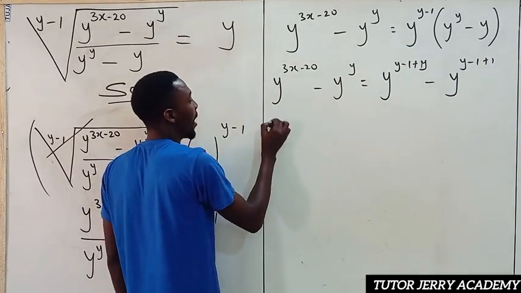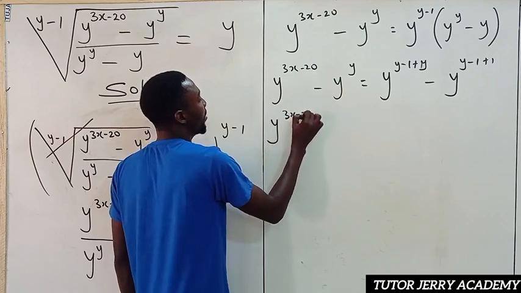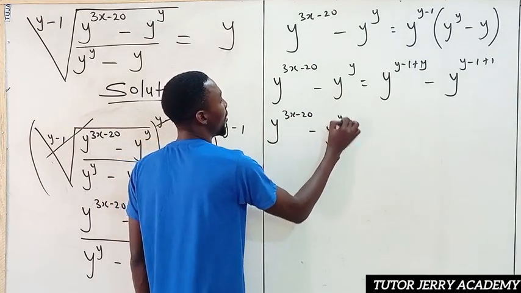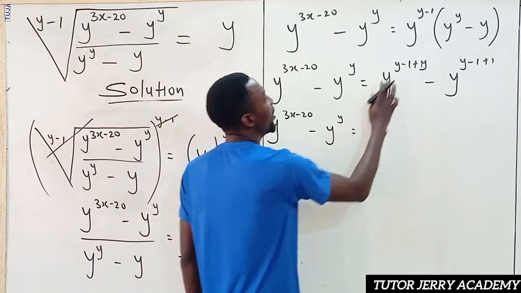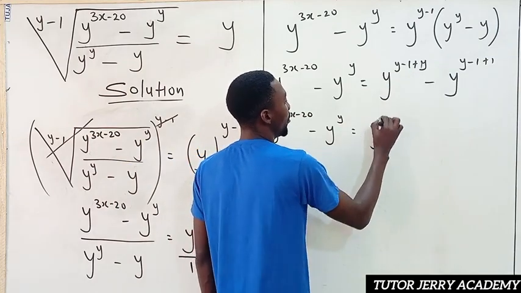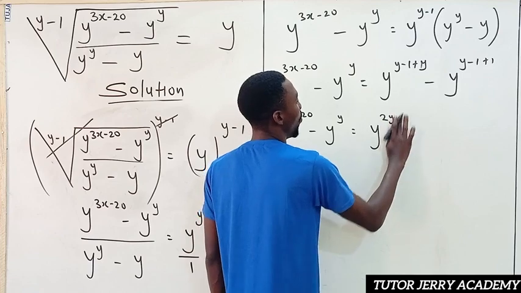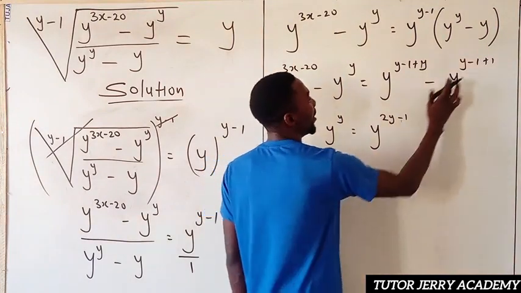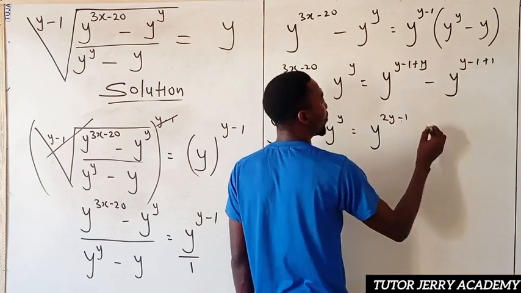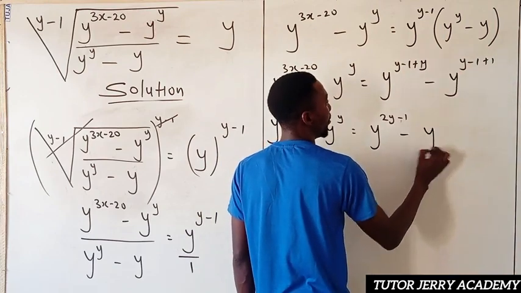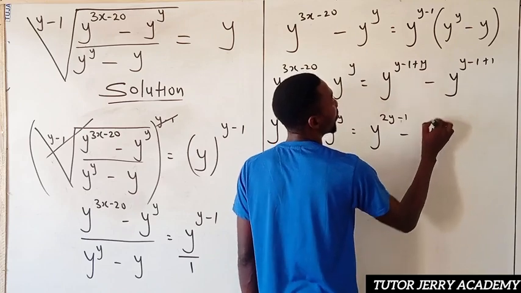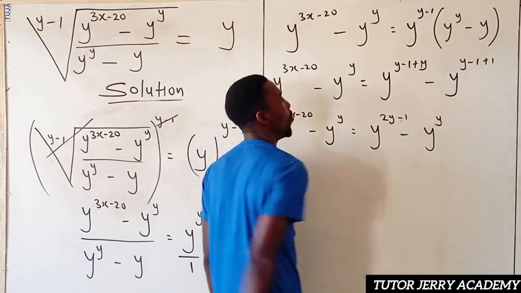Alright, so we are going to have y to the power of 3s minus 20 minus y to the power of y equals to y plus y is 2y, 2y minus 1 minus 1. Then minus 1 plus 1 we cancel out. Then we'll be left with what? Minus y. I'm going to be left with y to the power of y.